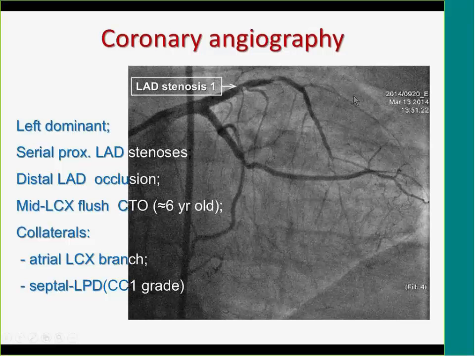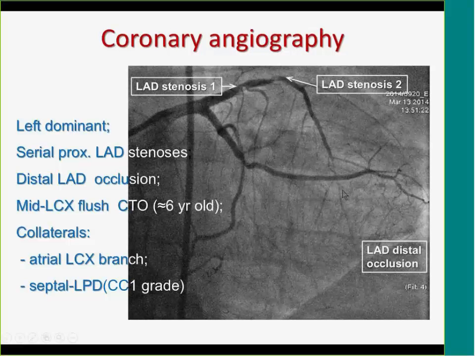There is a proximal and then a mid-part stenosis, and there is a CTO at the distal part of the LAD, but as I mentioned, the apex proved not to be viable. That is the point of the circumflex CTO. This is the dominant circumflex. I'm sorry that this atrial branch is in an overlapping position, but I could not get a better one.